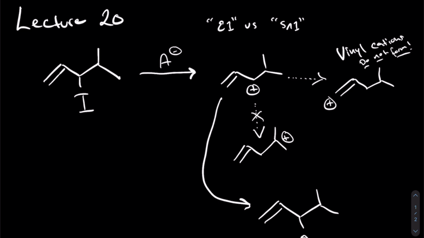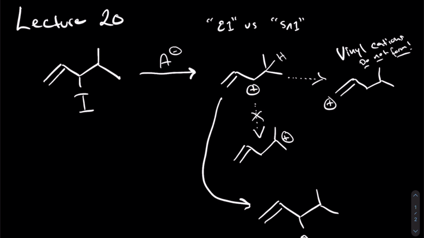Now, if it's an E1 reaction, what would happen is, instead of being a nucleophile, it would be a base. If you have a positive charge right here, that means the proton here is going to be much, much more acidic. Those electrons are going to be primed and ready to be dumped right into that positive charge.